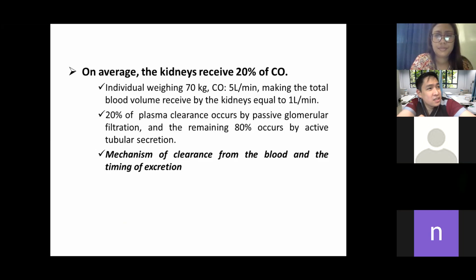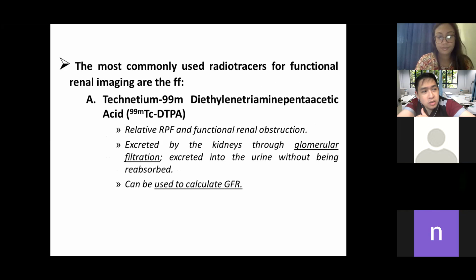So the mechanism of clearance from the blood and the timing of excretion from the kidney determine the clinical information that each radiotracer can provide. The most commonly used radiotracers for functional renal imaging are the following. First, technetium-99m diethylene triamine pentaacetic acid, or Tc-99m DTPA, which is used to evaluate relative renal plasma flow and functional renal obstruction.